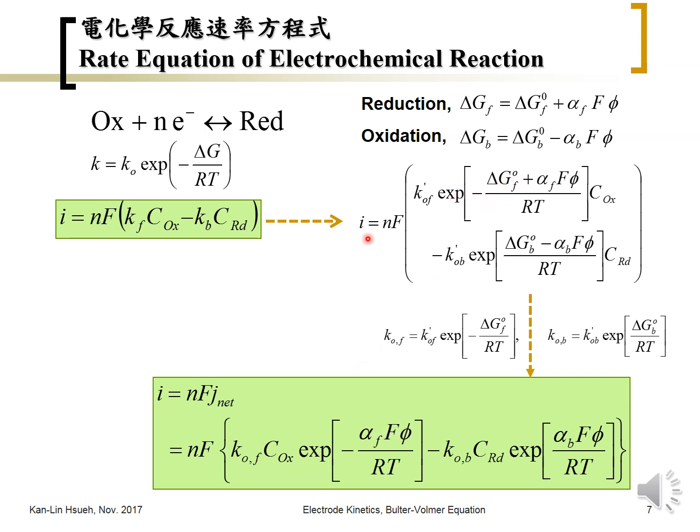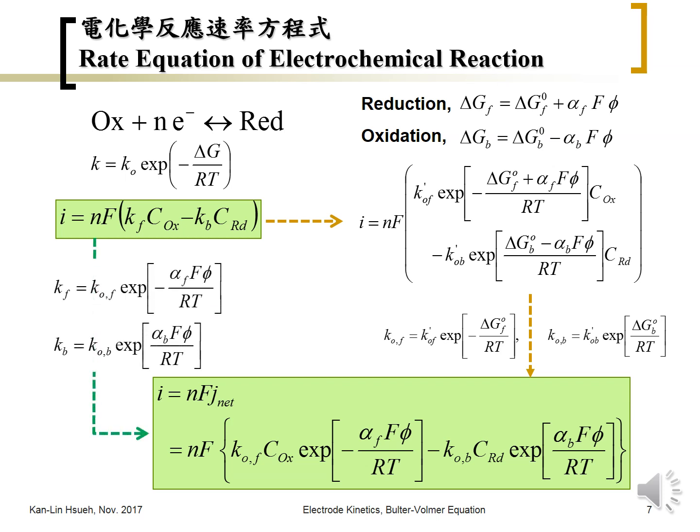So I equals nF times K0F, this term, and then minus alpha F F phi over RT over here, and the C_ox, minus K0B over here, and then times minus alpha B F phi over here. So in this one we take a shortcut. The KF equals this, if we substitute this KF equal to this one, then we end with this equation.